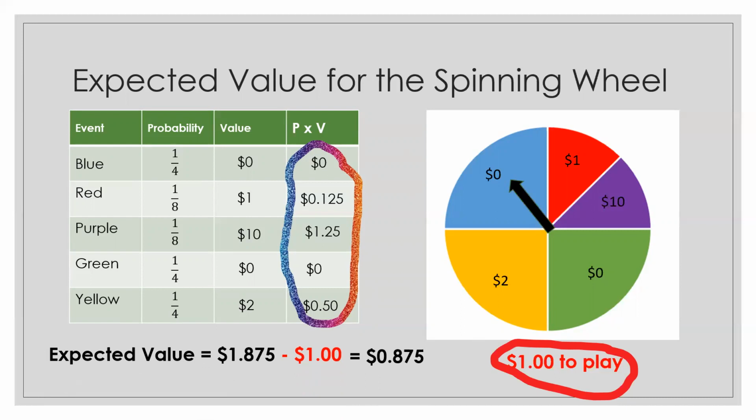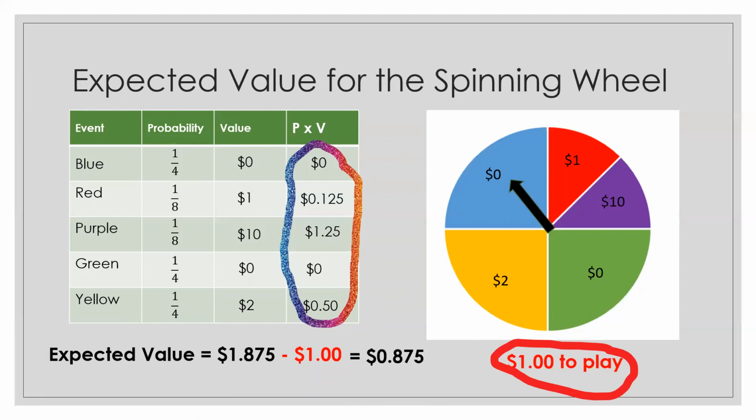And what's the long run? How long is long enough? That's the question to be considered. For example, let's say you play 100 times. You pay $100 to spin 100 times, and you would probably expect to walk away with roughly $87. That's what the expected value is saying.